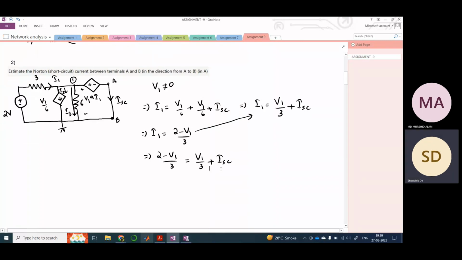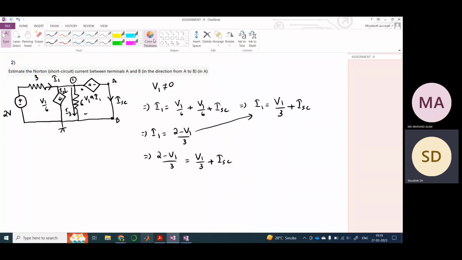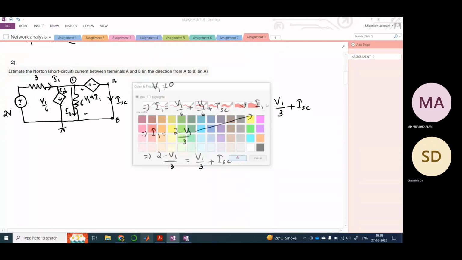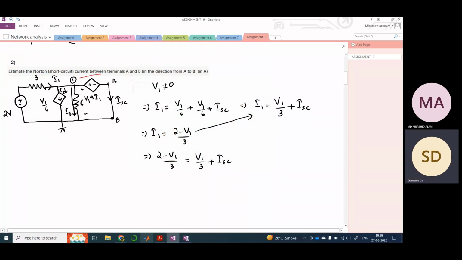So what we can do here is, we know that this terminal is grounded and this terminal is V1. If I take this path, let me use another ink here, probably red, what is the relation between V1 and V0, the ground or reference node voltage?